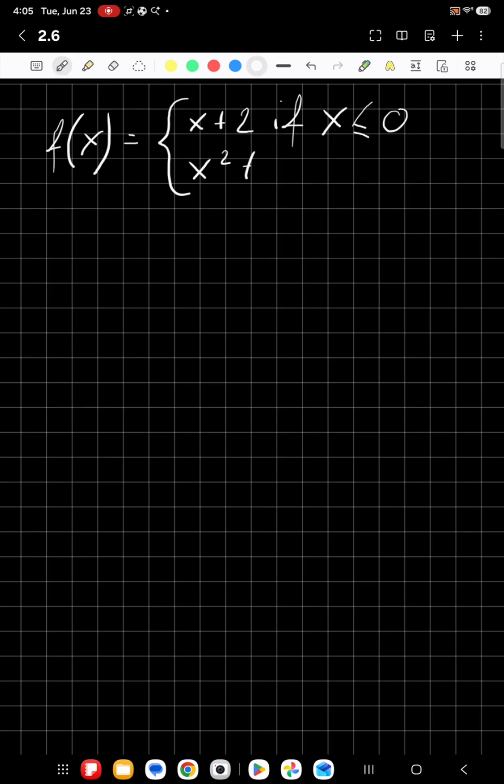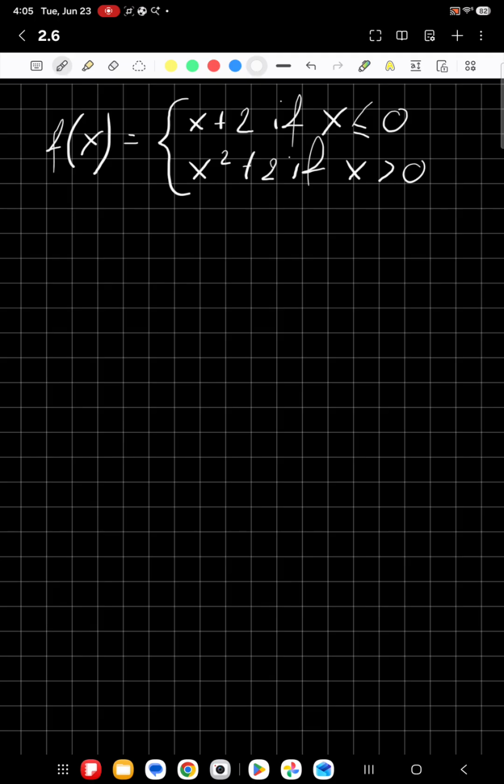This is an example with a parabola and a straight line, so this was also a piecewise function. x plus 2 if x is less than or equal to 0, and x squared plus 2 if x is greater than 0.